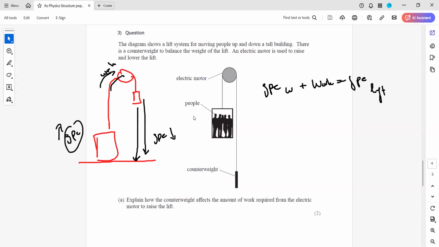As a result, the lift will move vertically upward. So what is the advantage of using the counterweight? It will reduce the work done by the motor. Otherwise, the motor without a counterweight has to do a greater amount of work. Is it clear?